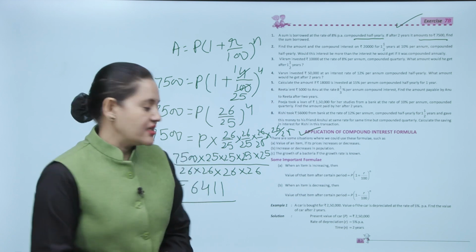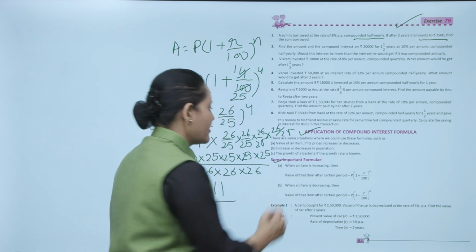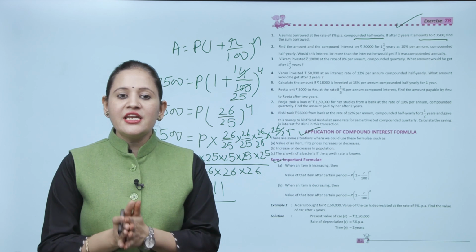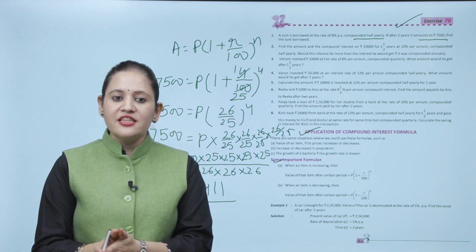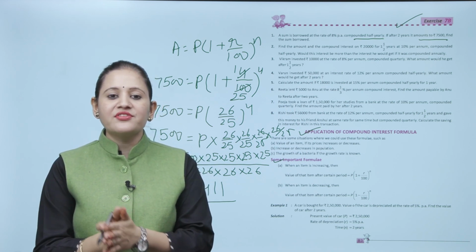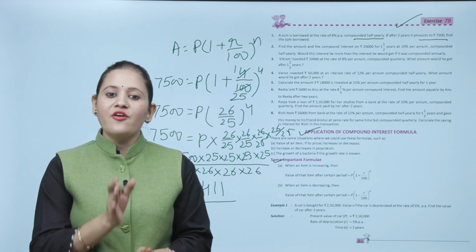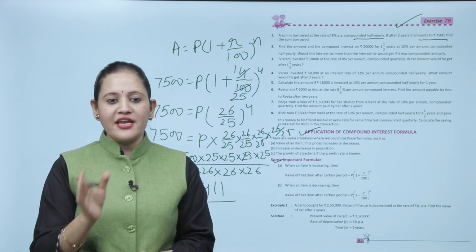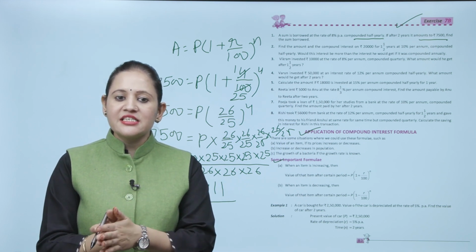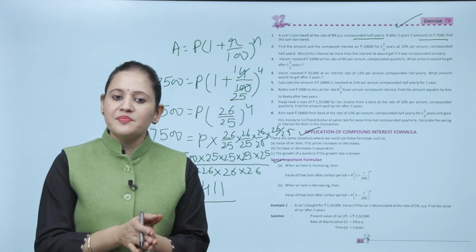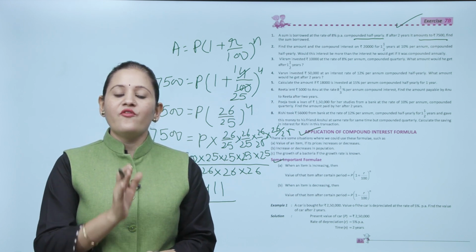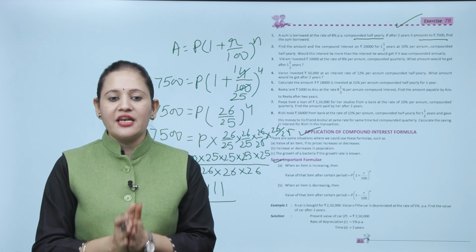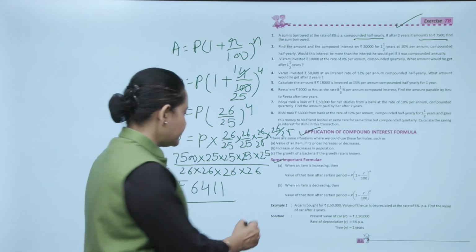Some important formulas. When an item is increasing, then the value of that item after a certain period equals P(1 + R/100)^n. When an item is decreasing, then the value of the item after a certain period equals P(1 - R/100)^n. Now I'll take an example.